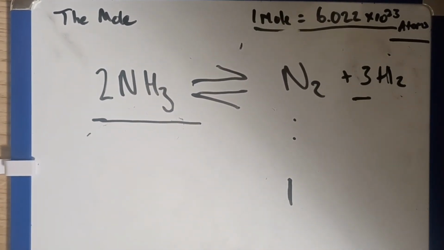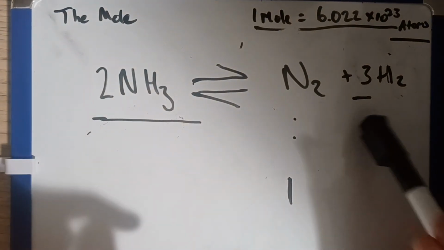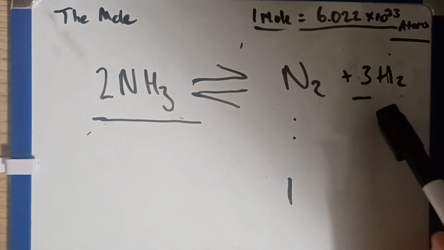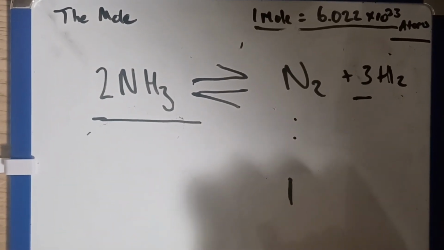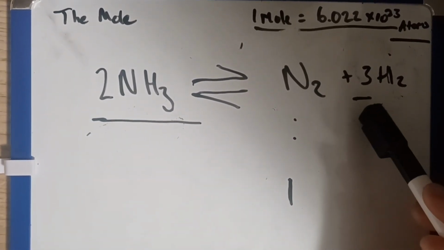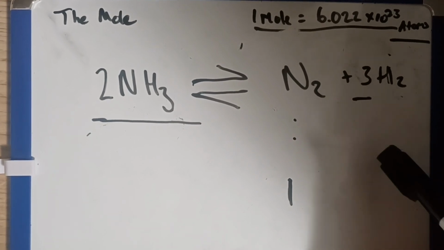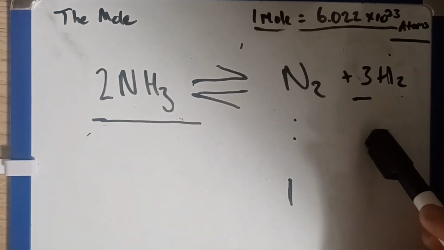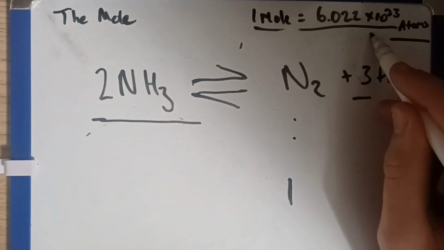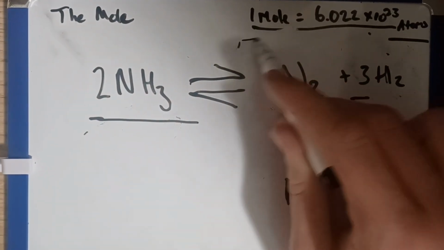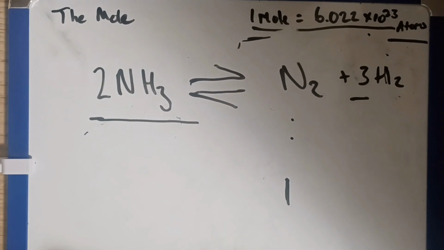Well, as I said, we increase the number of our hydrogens to make it even on this side. That means we have to increase the amount, which means we're going to have more of it, which means we're going to have more atoms. Therefore, overall, we're going to have more moles.